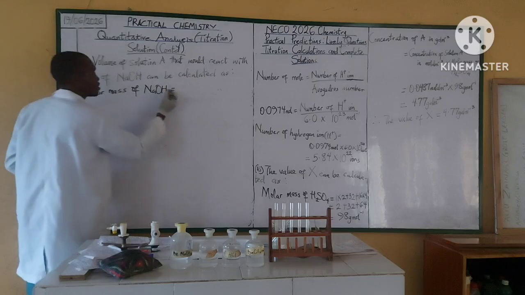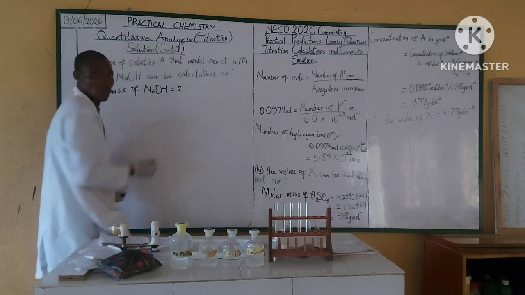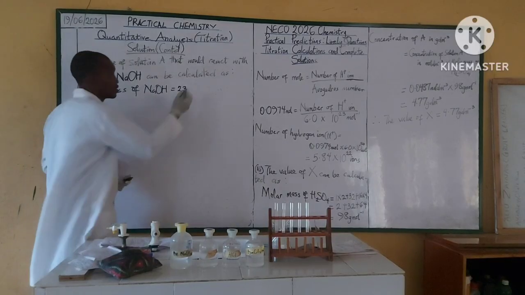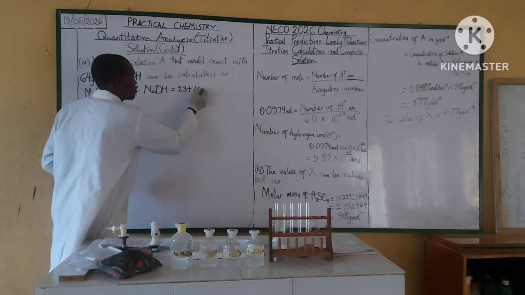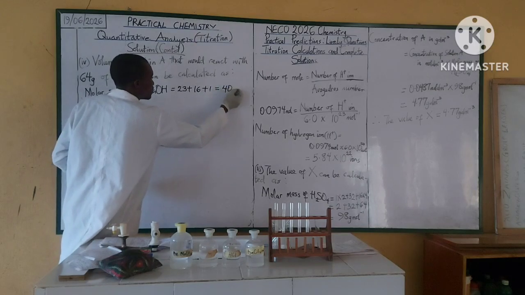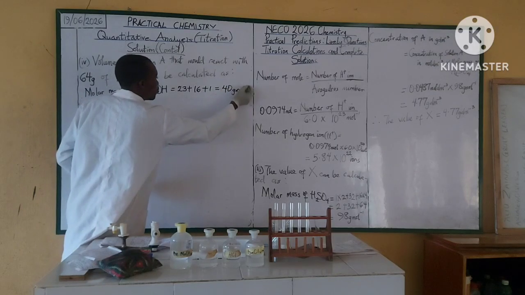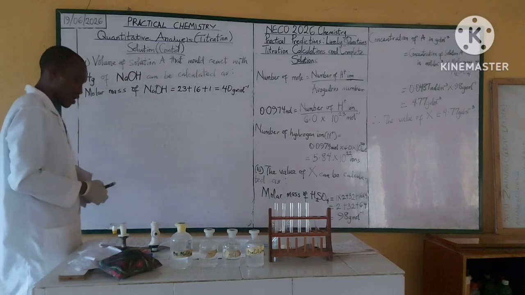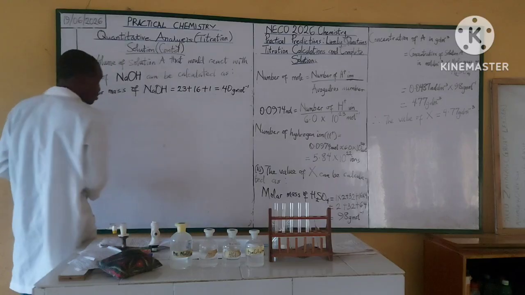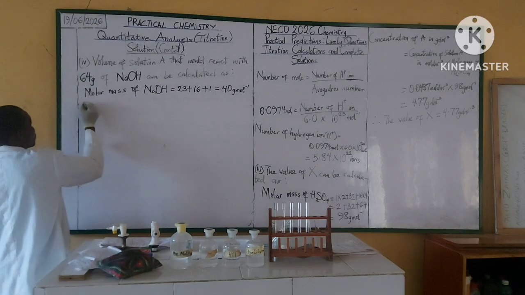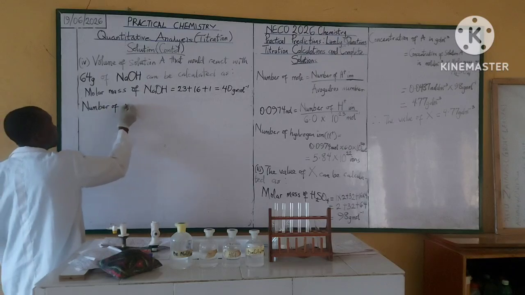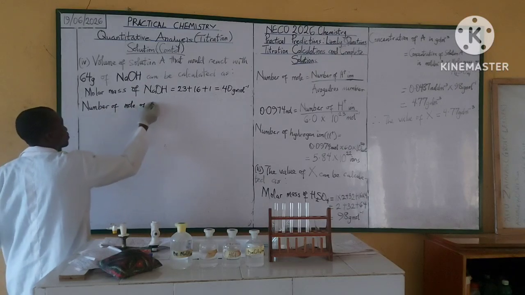Therefore, we have 23 plus 16 plus 1, and that is going to give us 40 grams per mole. Now, having known that, we say number of mole of sodium hydroxide.